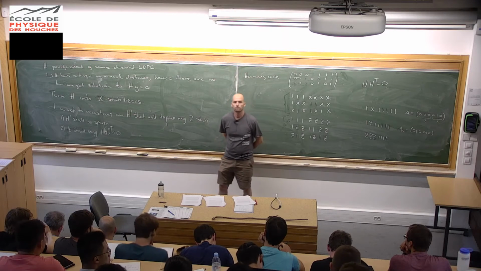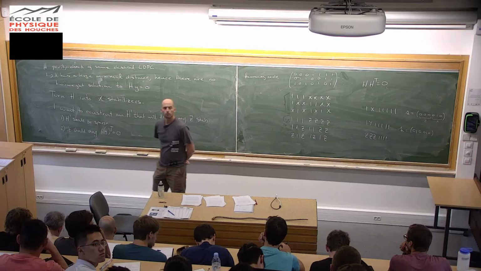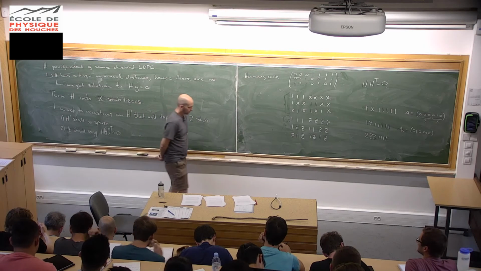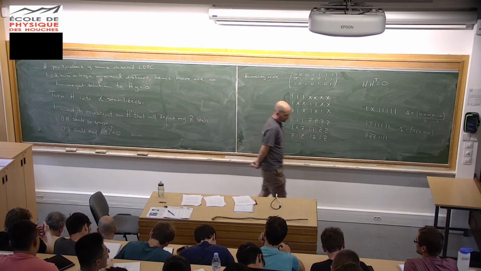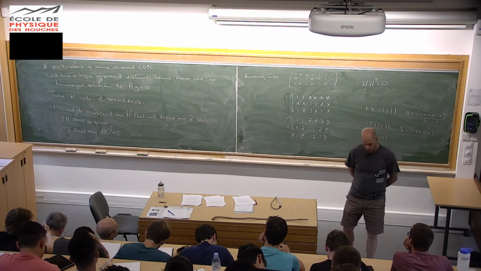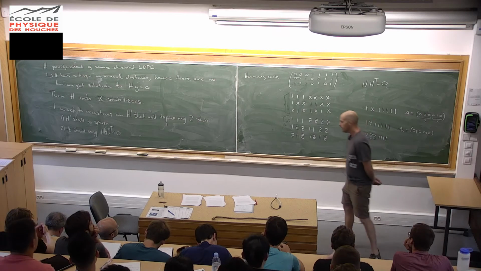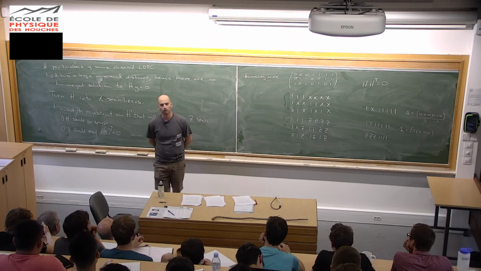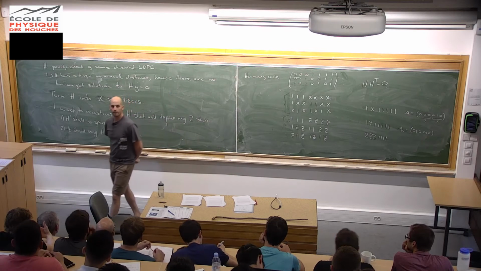But this is a fundamental problem. If you have X and Z, if your code is too good, then the other side suffers. So what you're saying is that the solution cannot be code words that only have X's and code words that only have Z's. No, I'm not saying that, because you would have the same kind of argument even if you generalize and have Y's in there and so on.